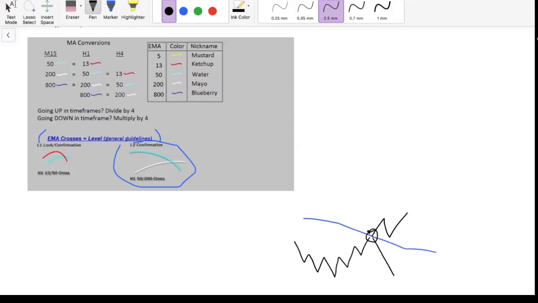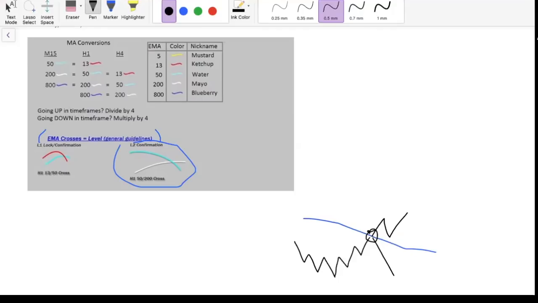The 50 EMA is one of the most magnetized points that you can ever use when it comes to EMAs. The 50 and the 200 are the most used that I found personally. Other people might disagree with me, but this is based off of my personal experience with these particular EMAs. Some people might say 35, some people might say something else.